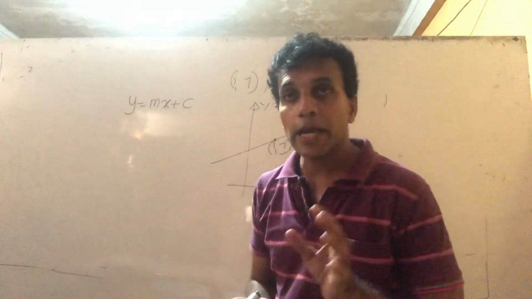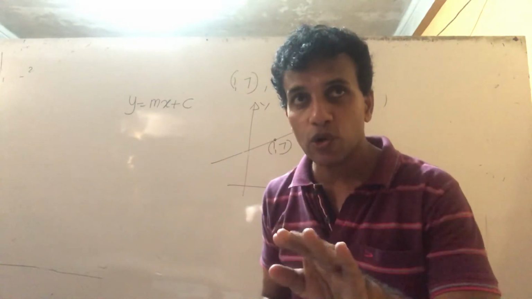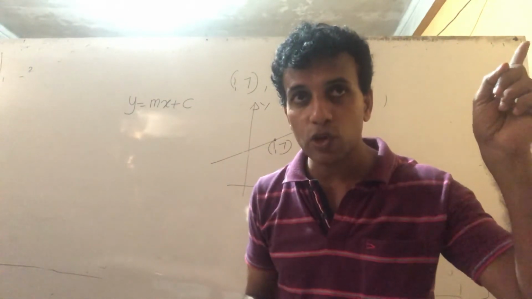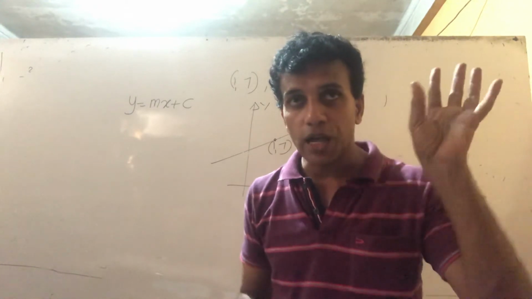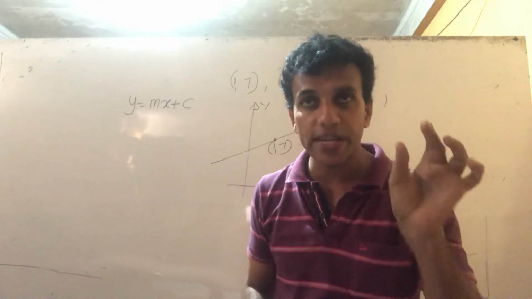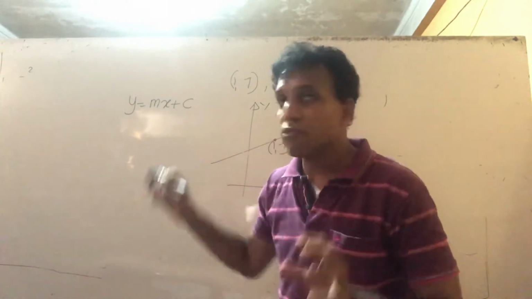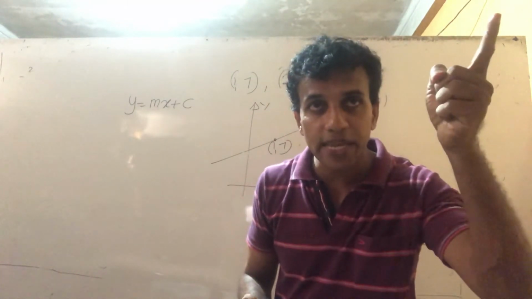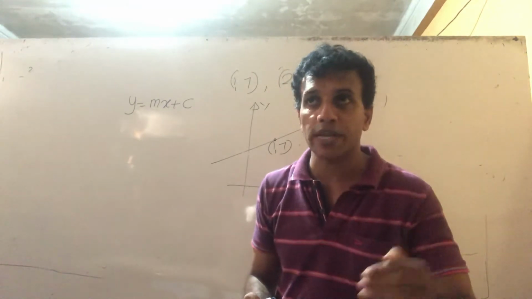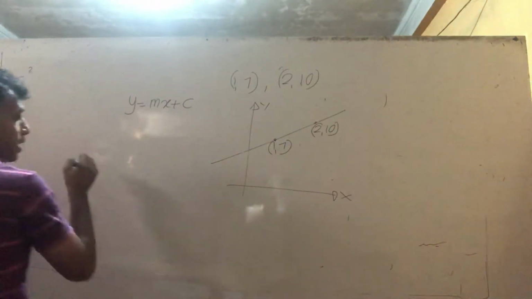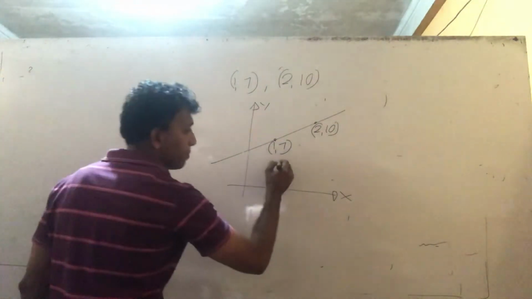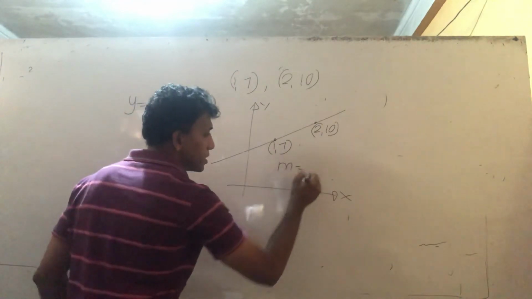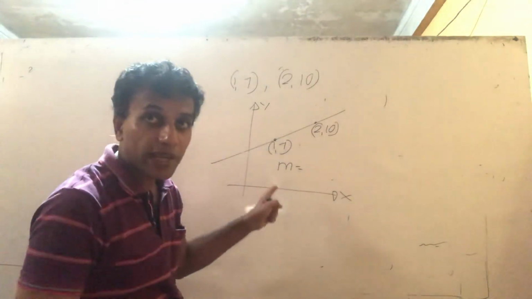Now we find the m value. Stop the video and refer to my previous video number 1, those who are newcomers. I showed clearly how to find the gradient. The idea for finding m is the difference between the y coordinates, in the same order, divided by the difference between the x coordinates. So m equals the difference between the y coordinates.